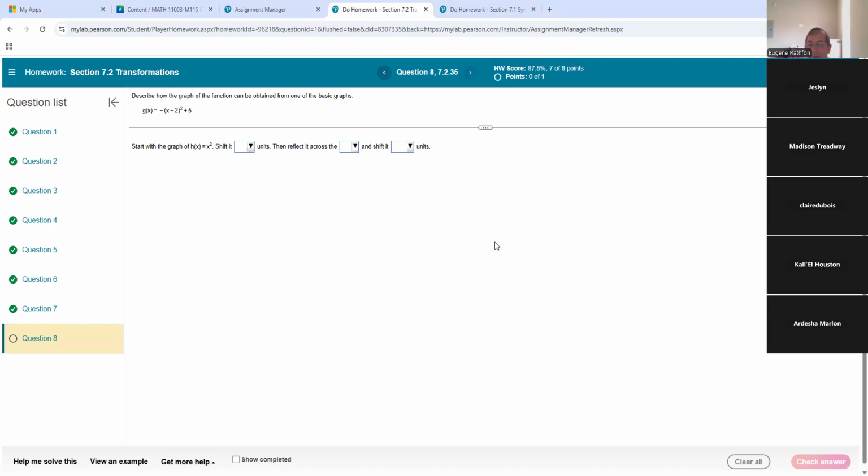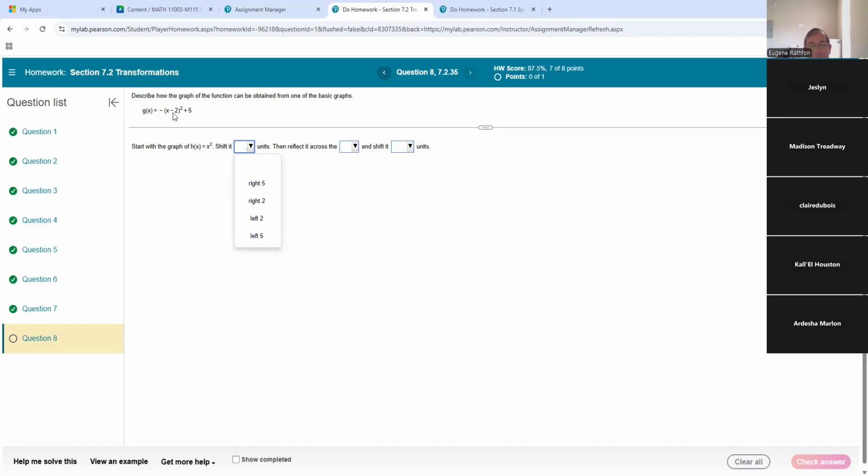All right, so let's see what y'all do on this one. This one, we don't have to graph. We just got to tell what it's doing. So they got g of x equals negative x minus 2 squared plus 5. They're saying start with the graph of x squared. Then you're going to shift it blank units. So the first thing is that minus 2 inside the parentheses. Because left or right is going to be what that number is inside the parentheses.